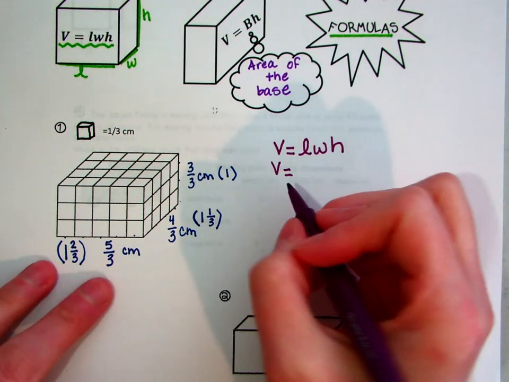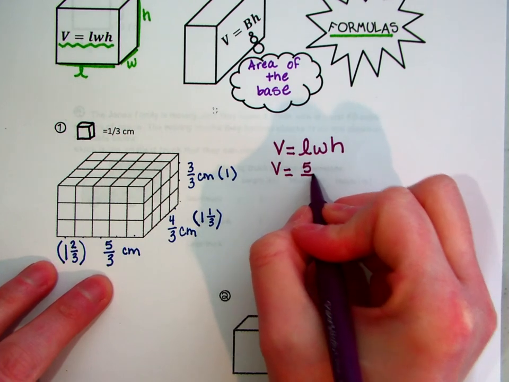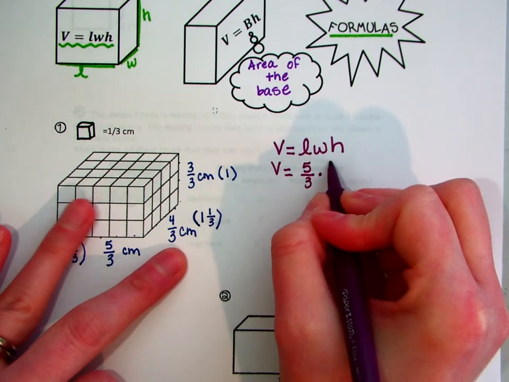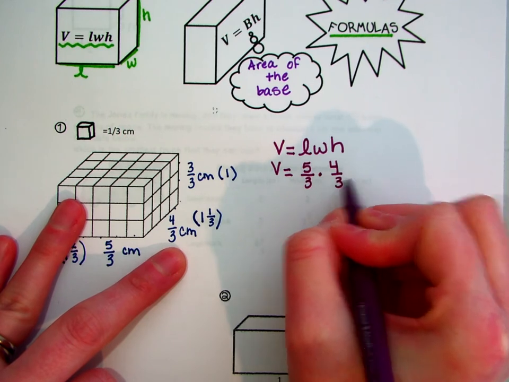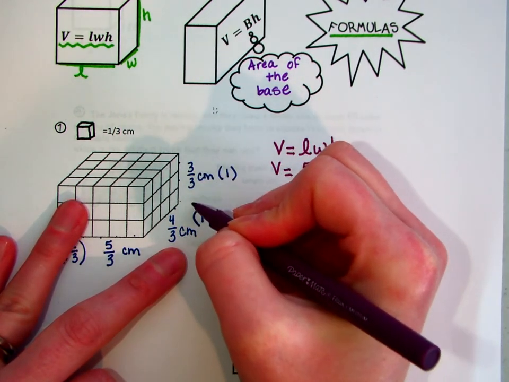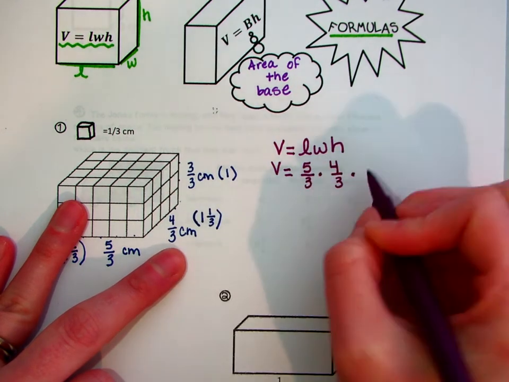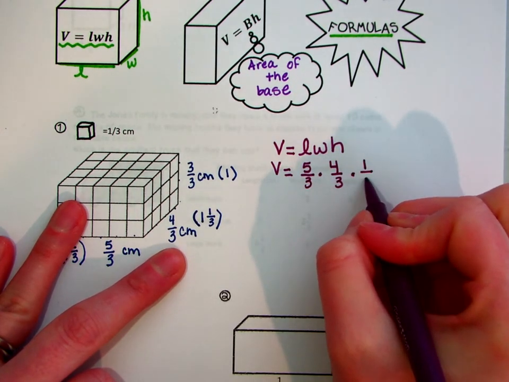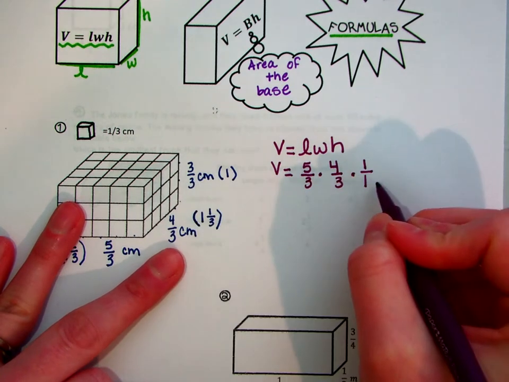So we're going to multiply 5/3 times 4/3, and instead of making this 3/3, I know that's 1 whole. So let's just make it 1/1. That's the same thing.